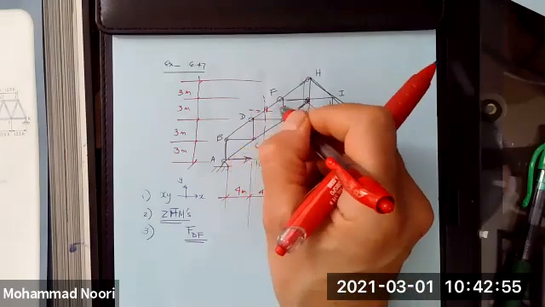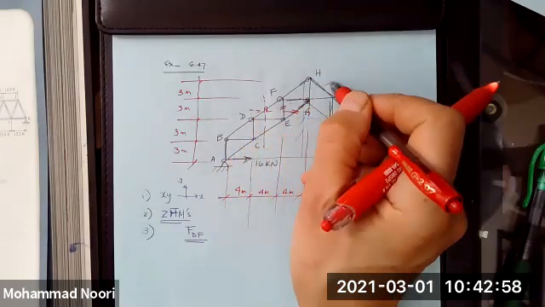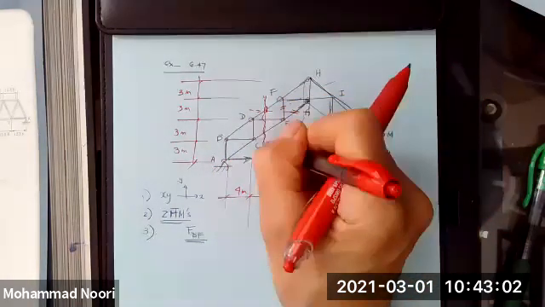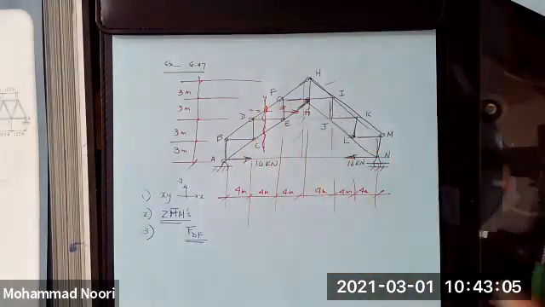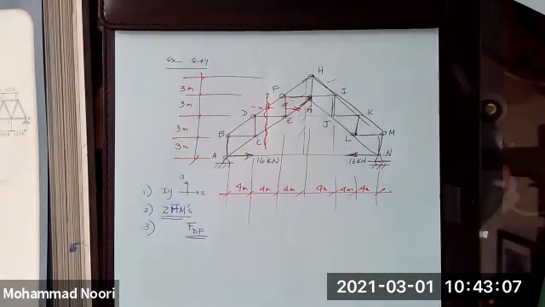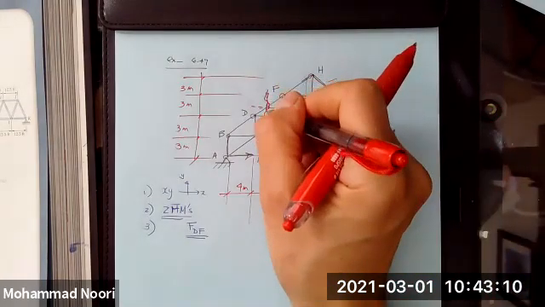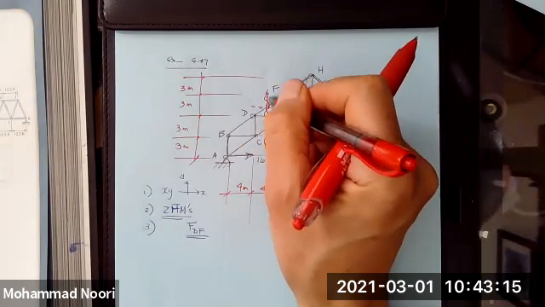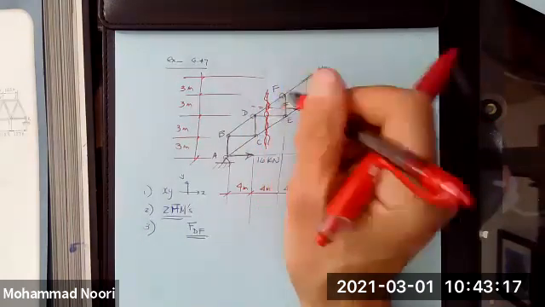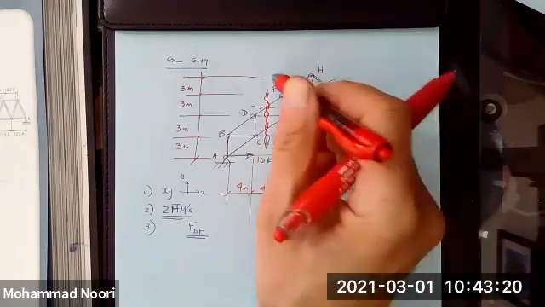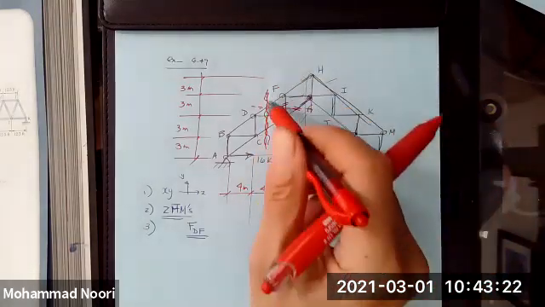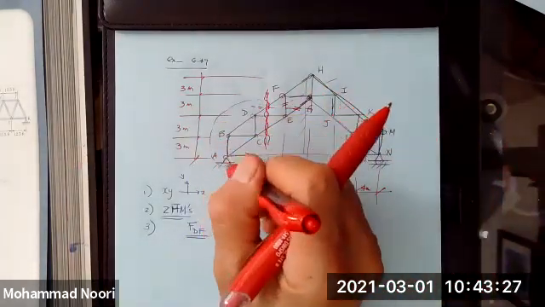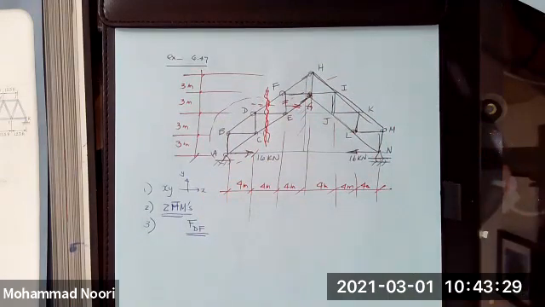I can cut it like this, 1, 2, 3, 4, 5, and so on. You see that either this one or this cut would be the best. So I will consider this cut. It includes the member that I want to find its force and 2 other members. And given the geometry of this piece, although the number of unknowns for each section are the same, this one is easier to deal with because of its geometry.